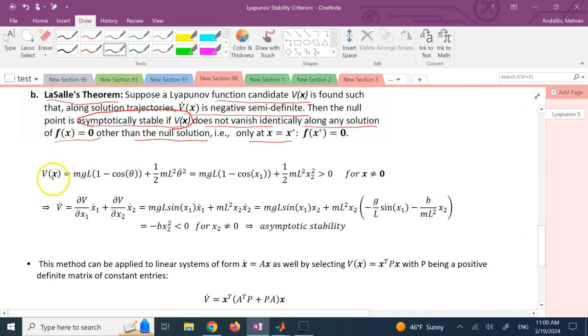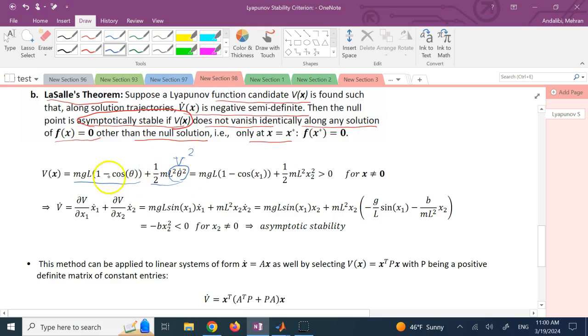Remember we said that the energy could be a good candidate. So let's look at this energy. What is this energy function? This energy function is mgl(1 minus cosine theta) plus 1/2 m l squared theta dot squared. What is this? Well, l theta dot is the velocity of the pendulum because it goes on a circle. So that's 1/2 m v squared, that's kinetic energy.